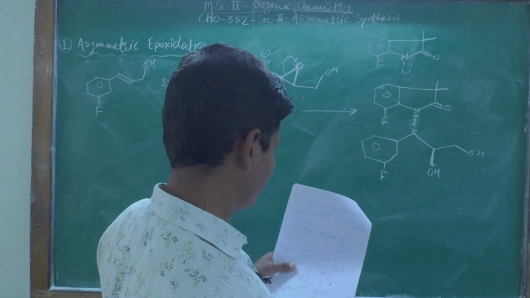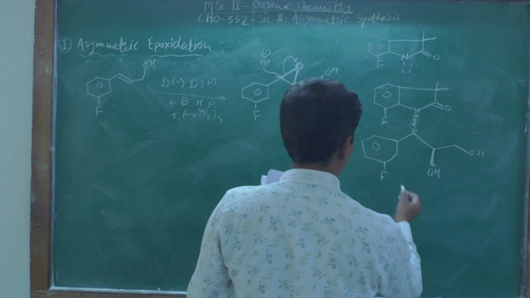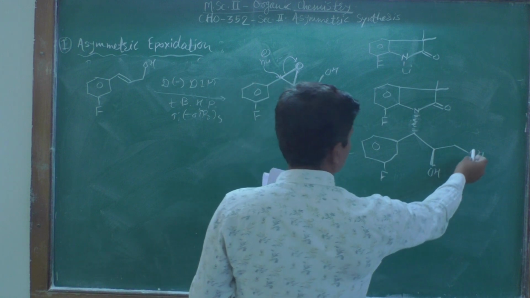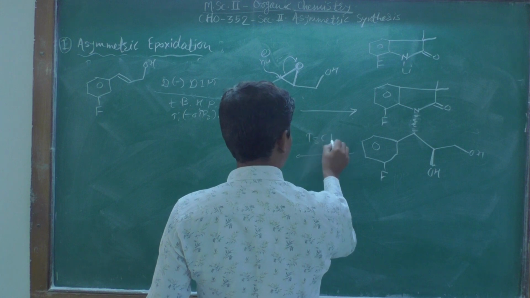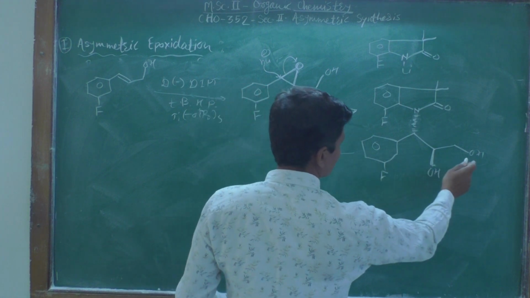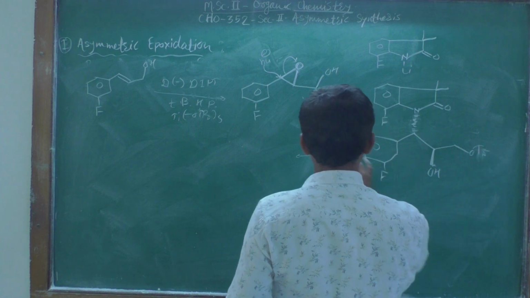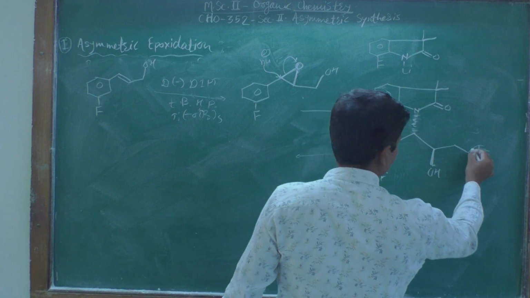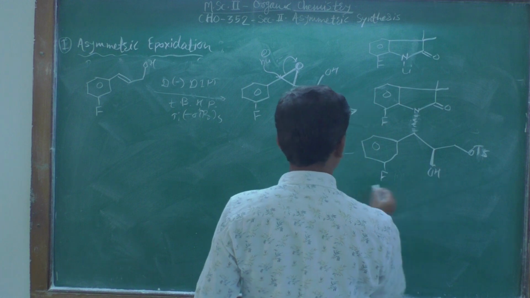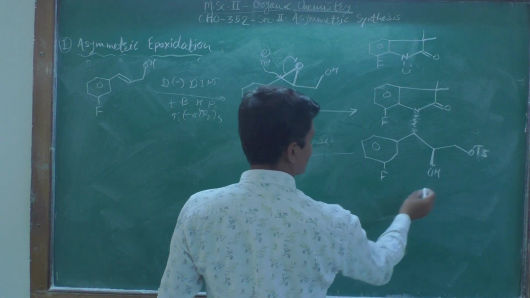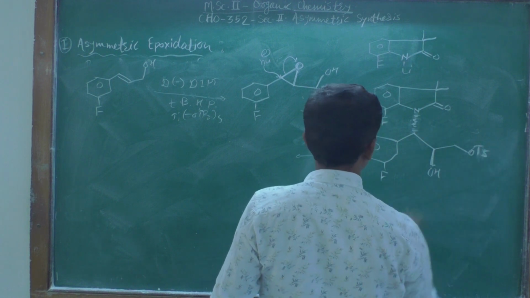Now, there is a primary hydroxy group here, so we can use tosyl chloride. When tosyl chloride is used, this primary hydroxy group is preferentially tosylated and we get OTs here. This hydroxy group is converted to a good leaving group, OTs. Now when we use a base, the base abstracts the acidic proton, and the oxygen attacks this carbon, leaving out OTs as a good leaving group.